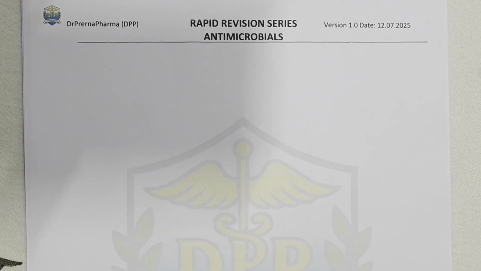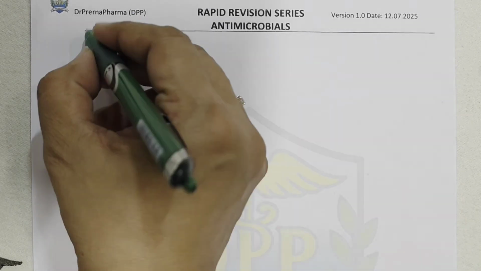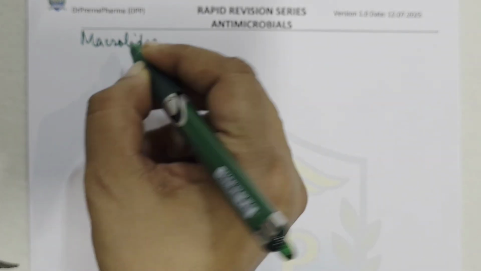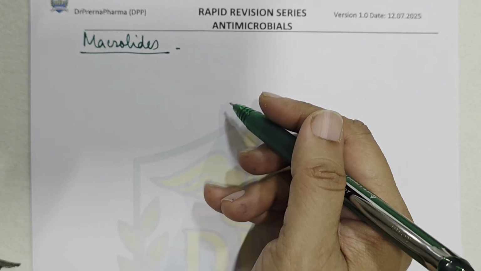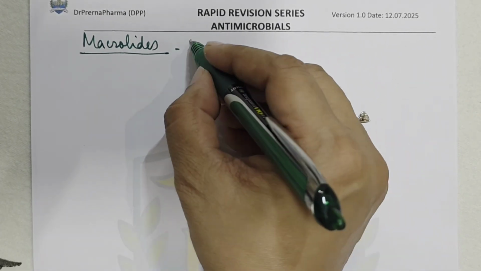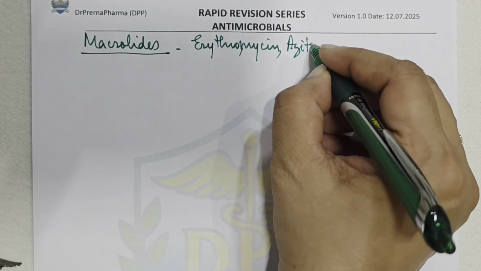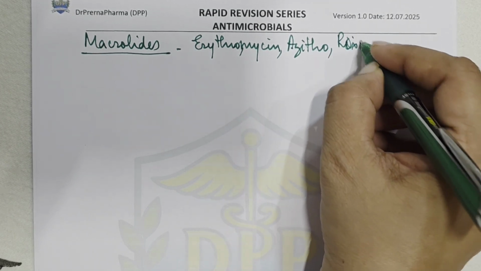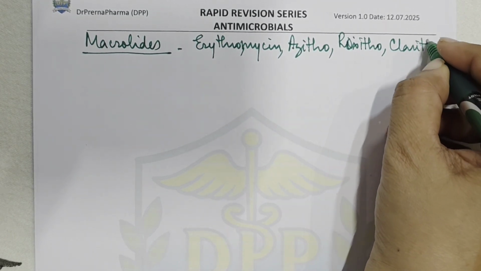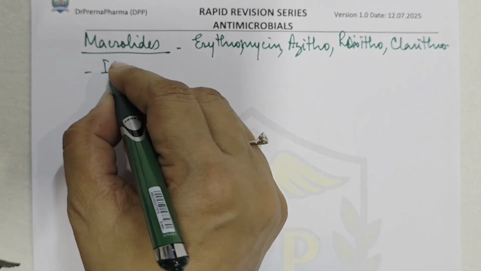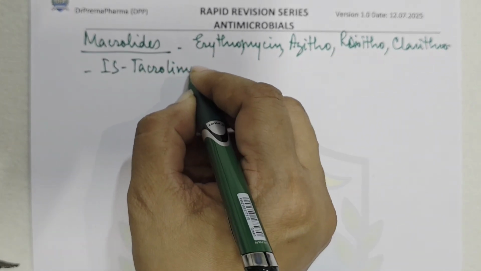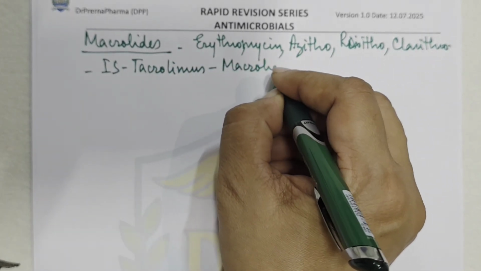Coming next to other categories, we have macrolides. In macrolides, the drugs are erythromycin, azithromycin, roxithromycin, clarithromycin, right? There is another immunosuppressant drug, tacrolimus, which is also a macrolide antibiotic.